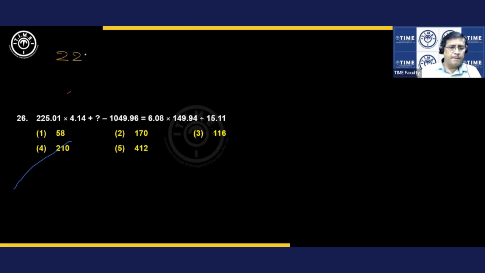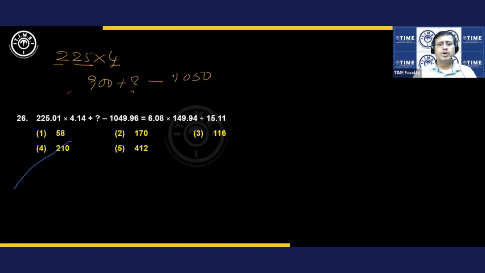225 into 4. 4 times of 200, 800. 4 times of 25, 100. 800 plus 100, 900. Plus question mark minus 1050. 1049.96 means 1050. That is the approximate value. Which is equal to 6 into 150. 149.94 means approximately 150 by 15. So 15 we can simplify here 10 times.